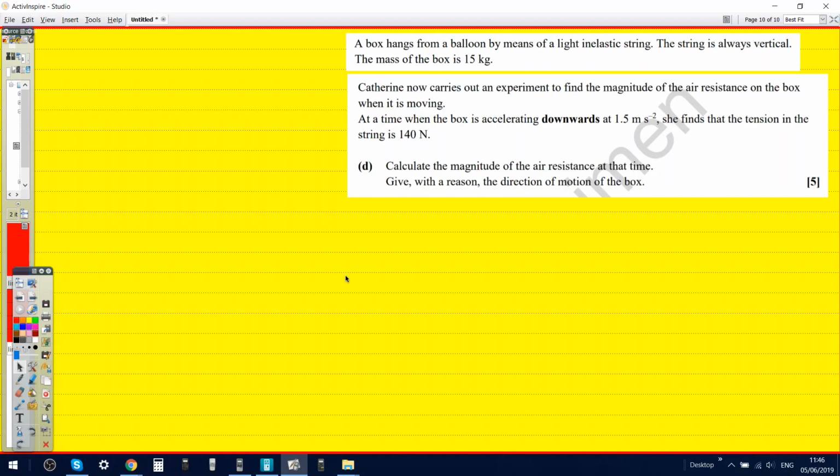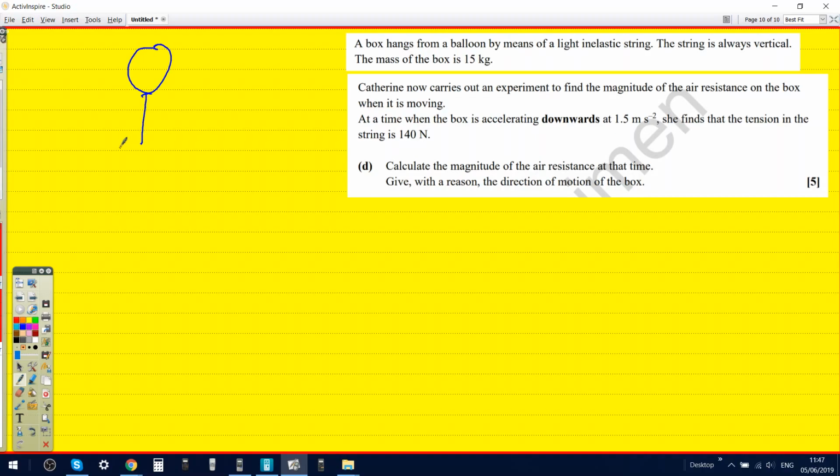The mass of the box is 15 g. To find the magnitude of the air resistance on the box when it is moving, at the time when the box is accelerating downwards at 1.5, she finds the tension in the string is 140.